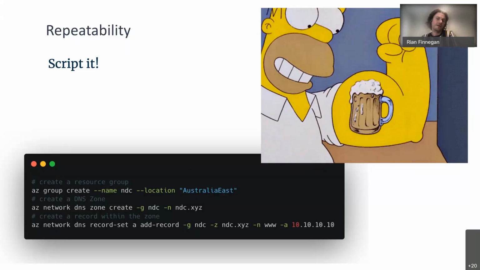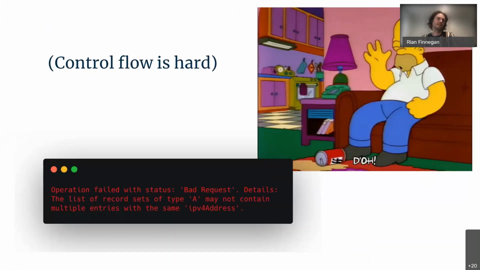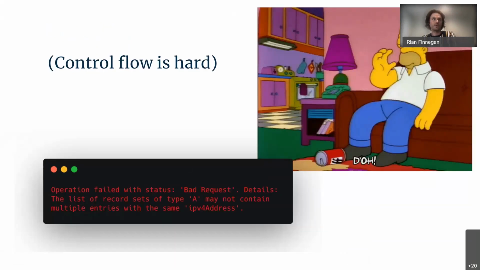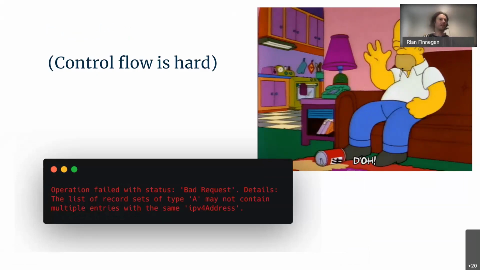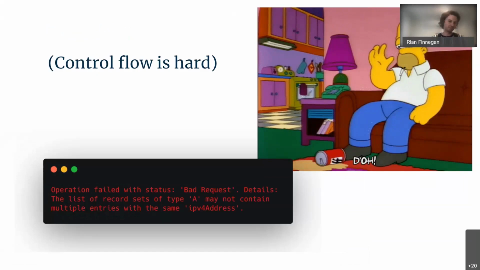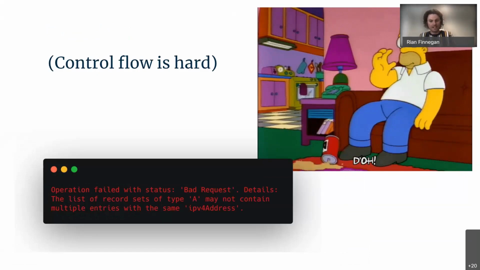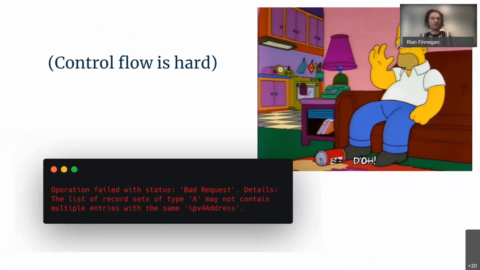But what happens if I run this more than once? I get an error. The error says I'm not allowed to create more than one record of type A with the same IP address. That makes a lot of sense, right? Because in regular DNS, you can't have more than one A record with the same IP address.